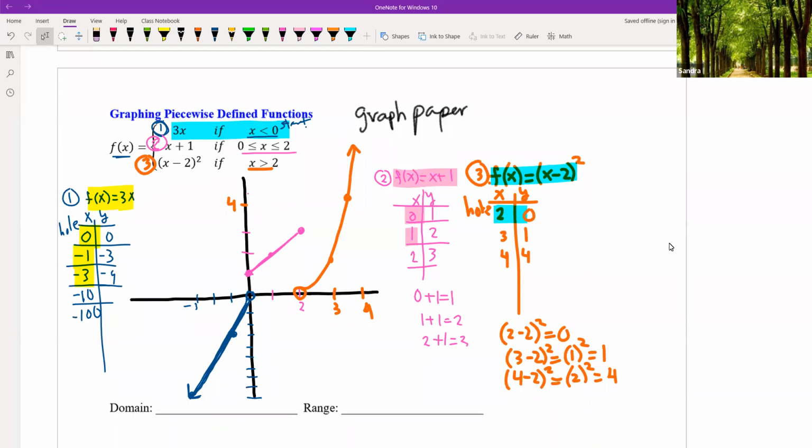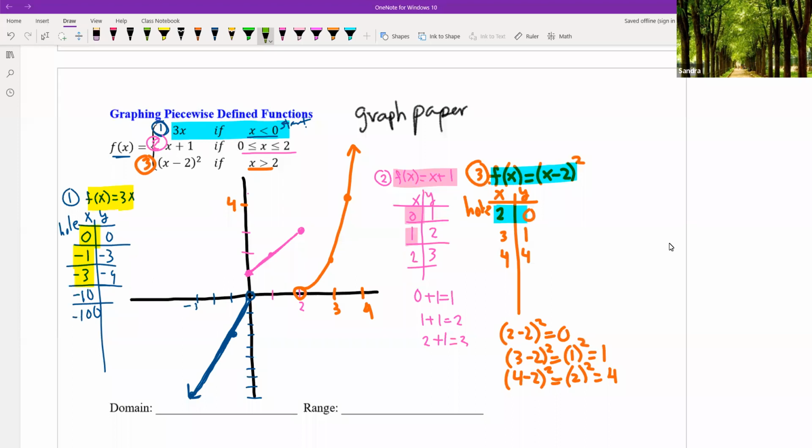I have to talk about the domain and the range. In this particular case, let me talk about the domain first. Remember, domain is your x values. Get a ruler, and then use your ruler.